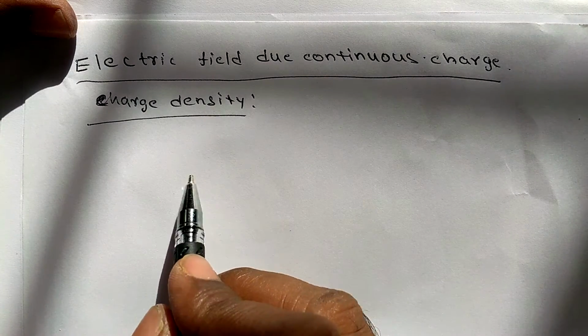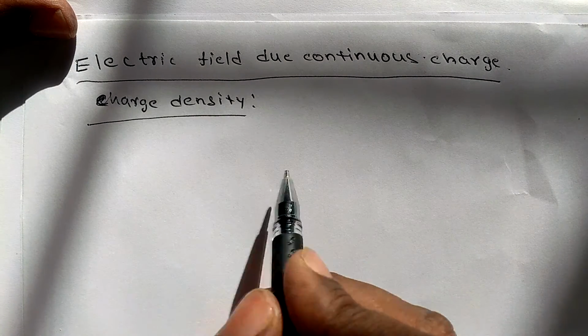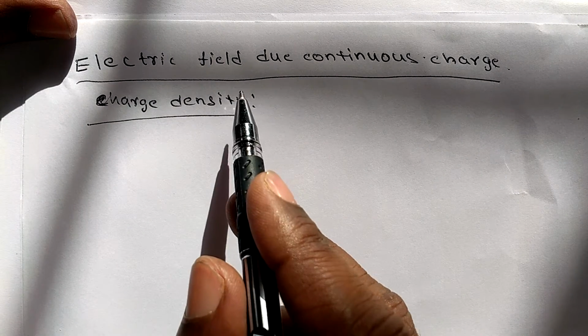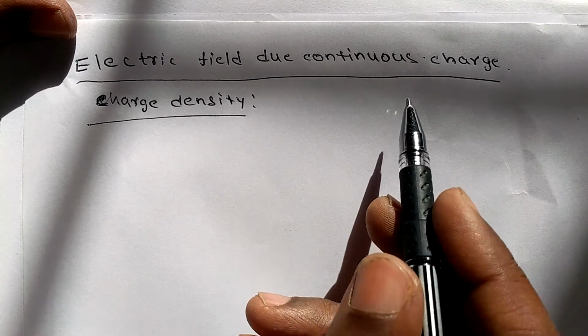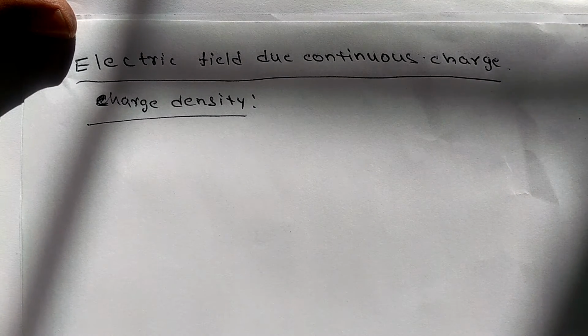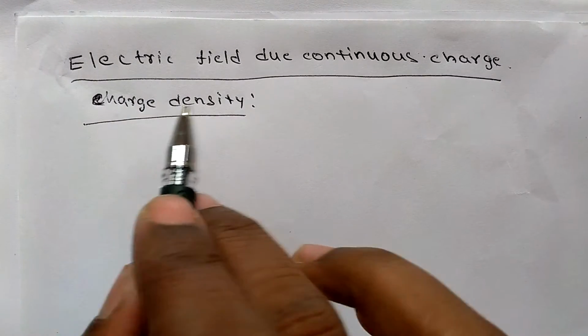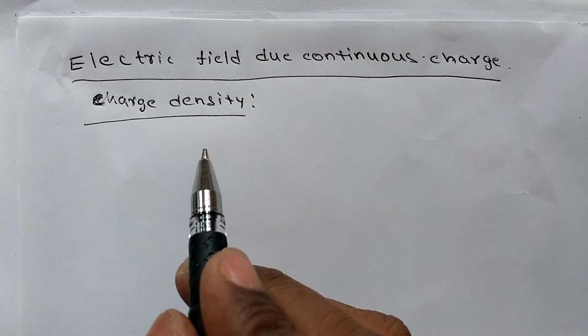If the charge is given in two dimensions, along the x direction and y direction, that is called surface charge distribution. And if the charge is given in a three-dimensional way, that is volume charge distribution.